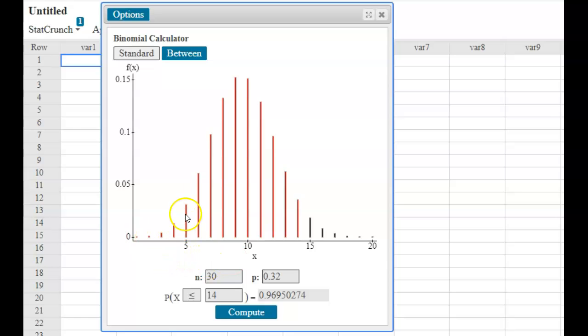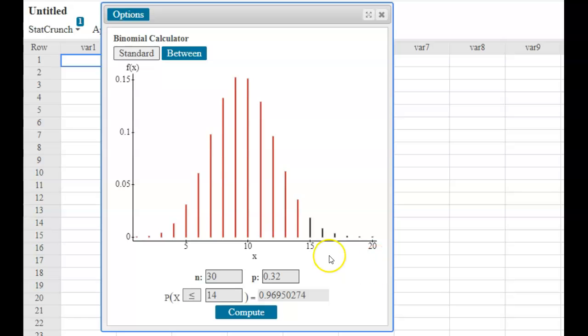Each of the bars gives you the probability that a particular value of x happens. Like, what's the probability that exactly 10 students are participating? That's going to be about 0.15. But what StatCrunch does is add up the red bars here. It's adding up all the probabilities for 0, 1, 2, 3, 4, all the way to 14, and leaving out 15 through 30.